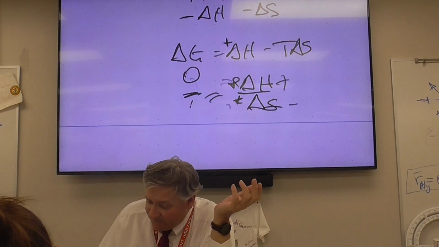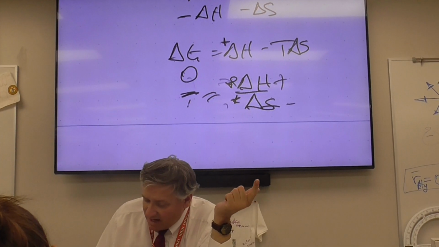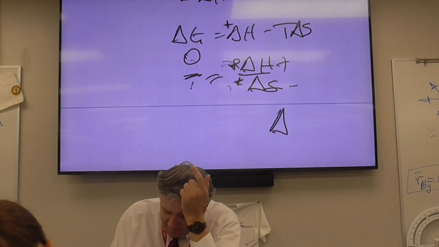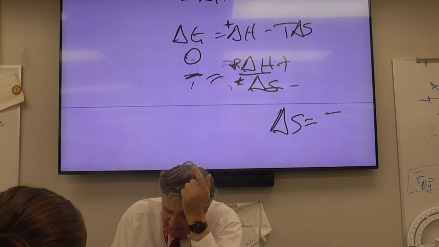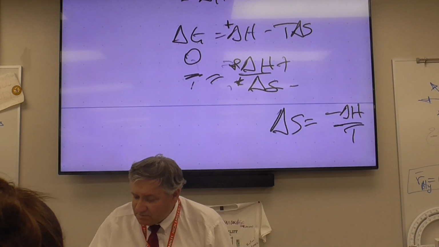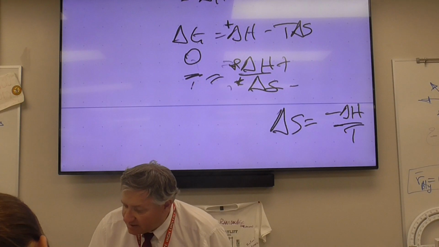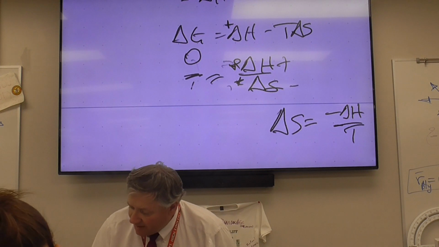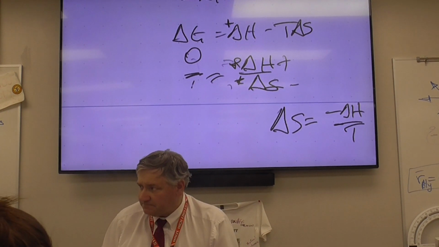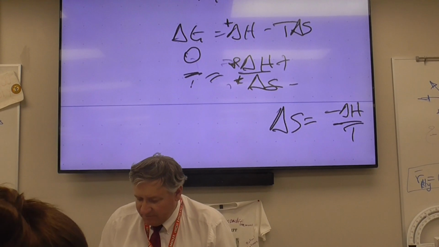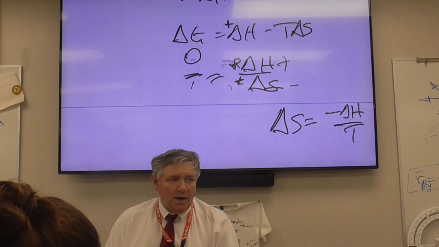But 24b says calculate the value of delta S. Remember, delta S is delta H over T. So once you get that value of delta H, take that value and divide it by that temperature. Your answer to 24b should be very much less than 1.